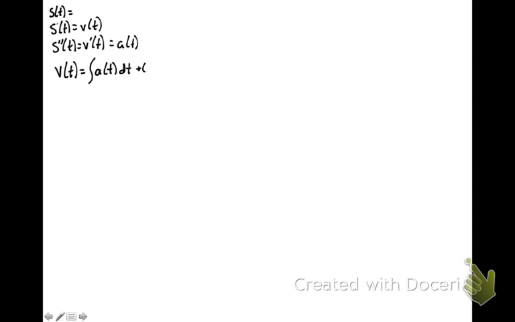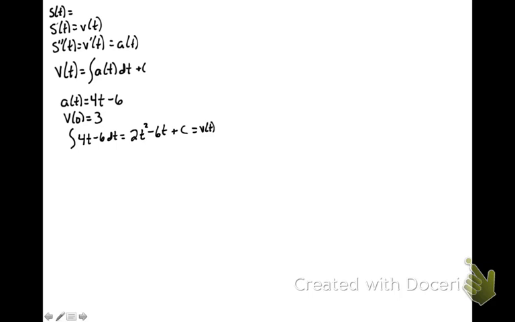So given that the acceleration function is equal to 4t minus 6 and that v of 0 equals 3, let's find the velocity function. Well, if we integrate 4t minus 6 with respect to t, we will get 2t squared minus 6t plus c. And so this is our velocity function.